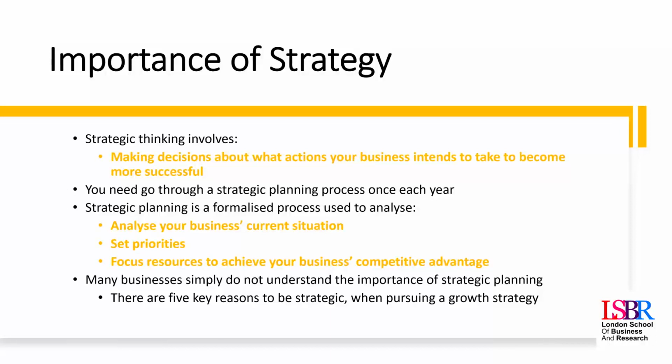It's all about making decisions about what actions your business intends to take in order for it to become more successful. Now, to do that, at the very, very least, some companies do this twice a year, some do it quarterly, but at least once a year, you want to have some rigid, structured strategic planning process, okay?